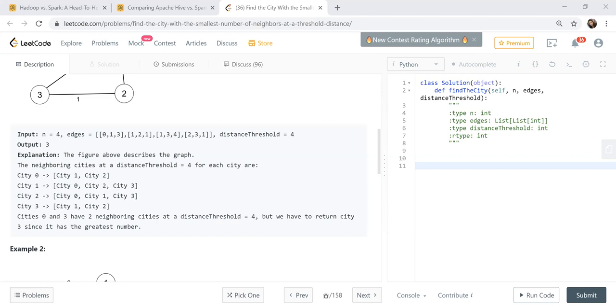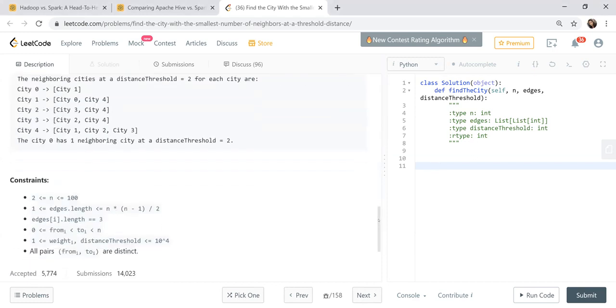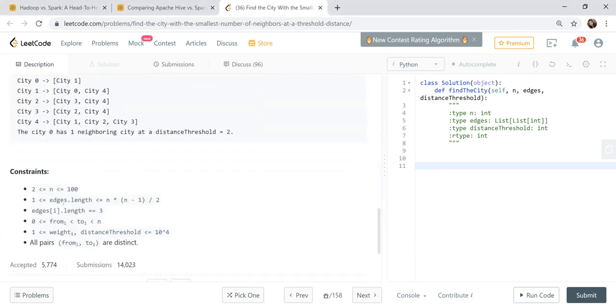Hey Sonia, if you scroll down a little bit, there is a constraint given on how many edges there are in this question. So there are n square edges. And one more thing, we have nodes from 0 to n. So given this constraint, we have n square edges.